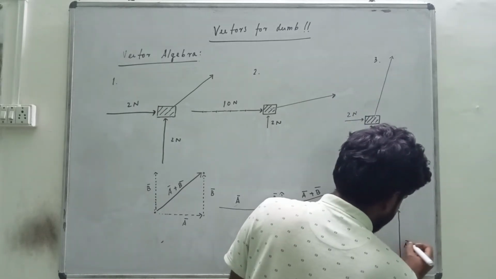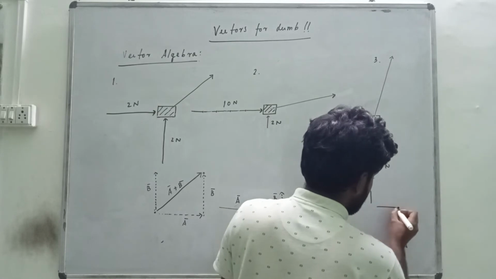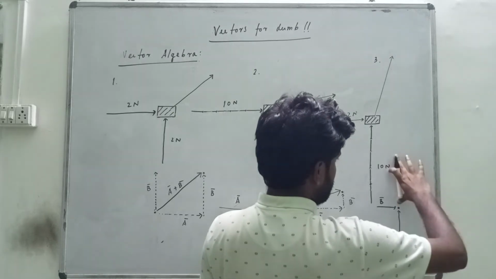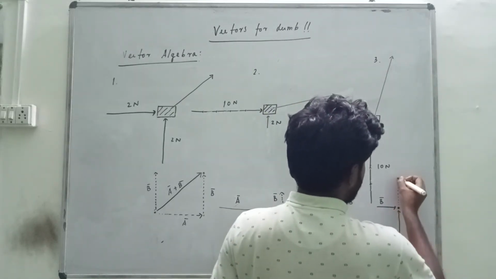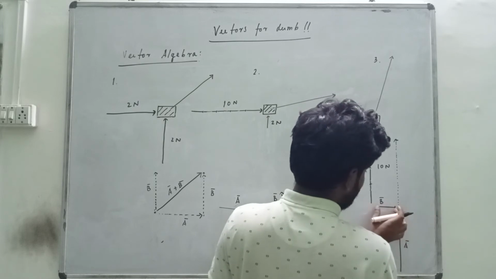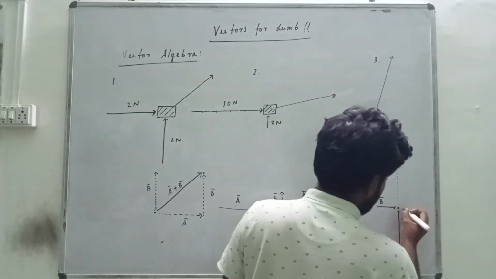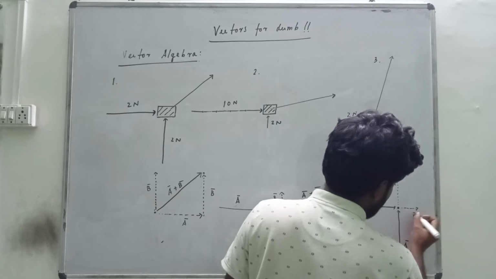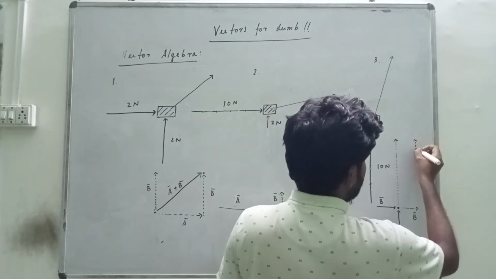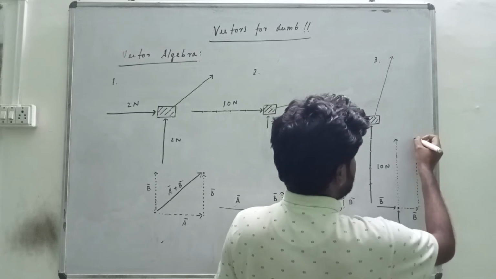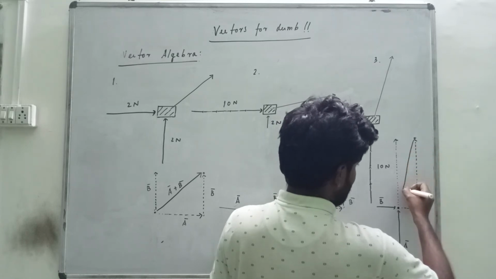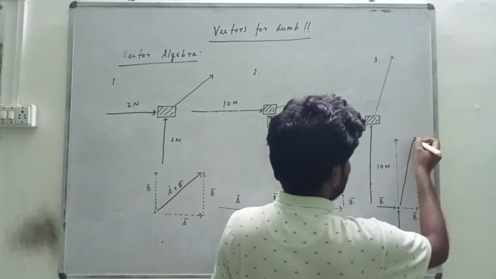Name it A, and the 2 Newton force, name it B. Shift this A from here to there, a parallel shift, giving the new A, and these are the new B. Shift this vector from here to there, place a dot here, and connect the two dots with a straight line, right? And place an arrow here.